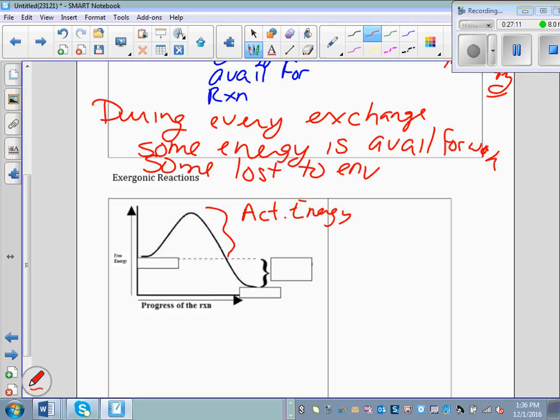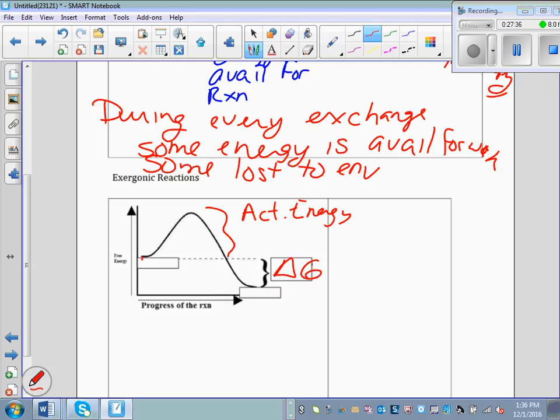So this is actually delta G. Delta G is the change in energy. The activation energy is the energy required to make a reaction go through. What do enzymes do? They lower the activation energy.